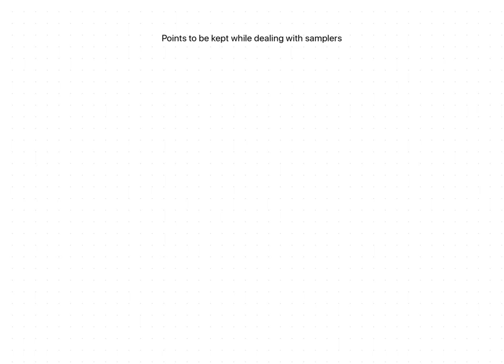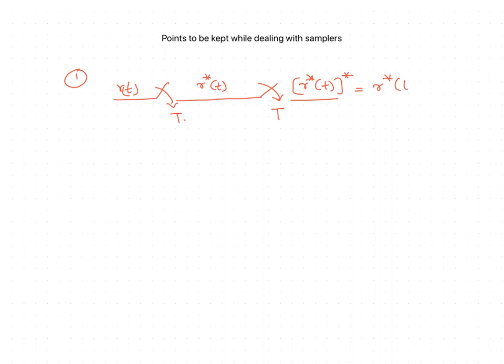So, the first point is a signal R(t), when sampled once, we get R star of t, provided the sampling instant is capital T. If this signal is again sampled at the same instance, then this will be R star of t star, that is R star of t itself. This was discussed in the previous slide.